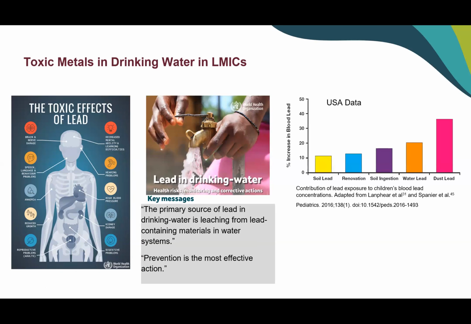And finally, we know from US and high-income country evidence over the last couple of decades that after we tackle lead in gasoline and lead in paint, we still have a substantive burden of child blood lead levels in the US associated with lead in drinking water.